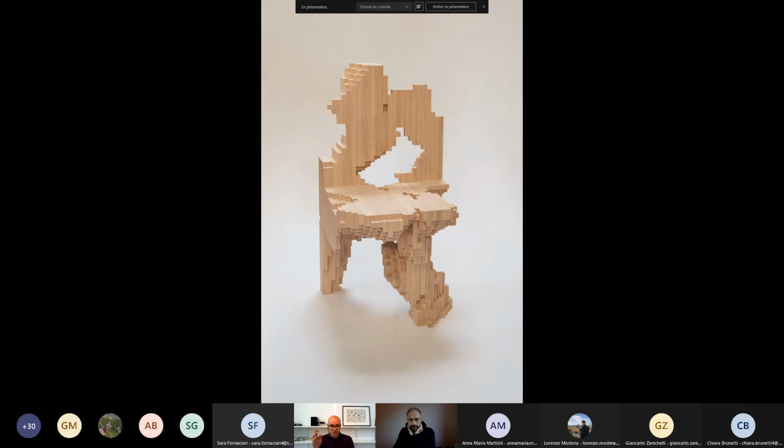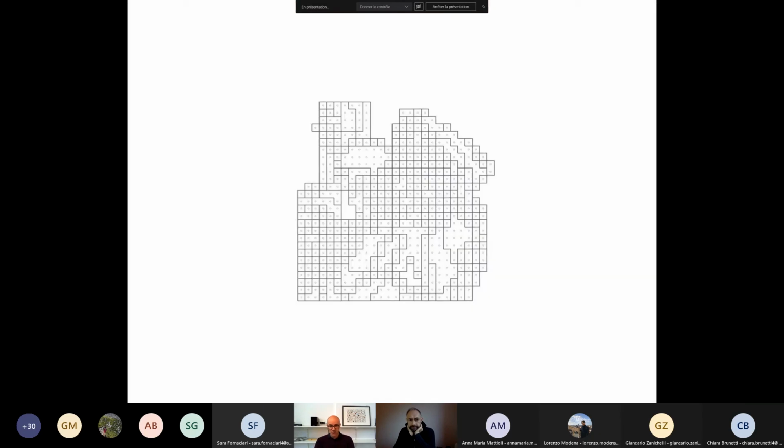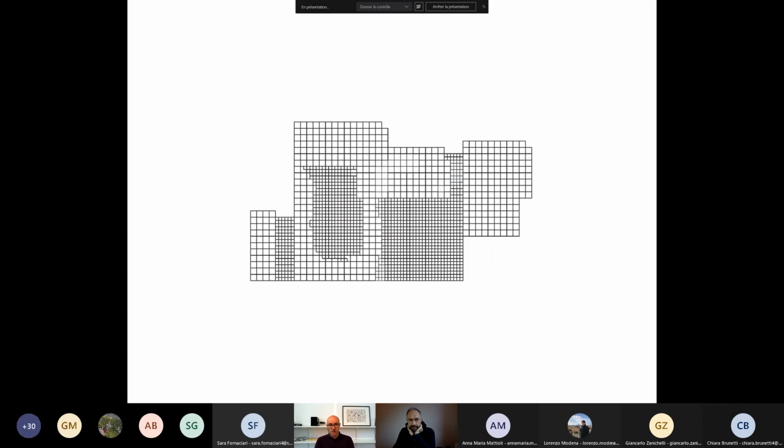We cannot just cut slices of wood. It doesn't make sense. So I started to rework on this issue of voxel-based construction, coming up with also some conceptual housing scheme that I called the universal house.